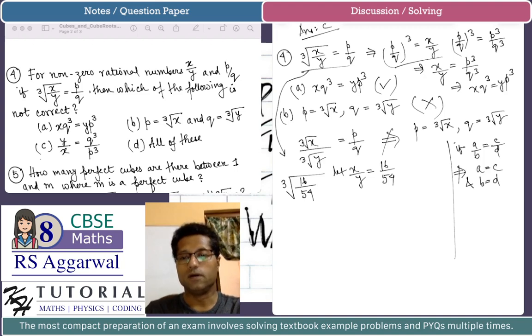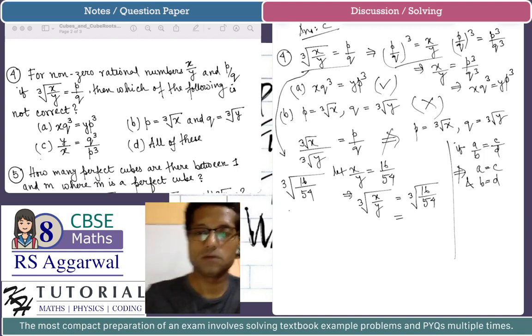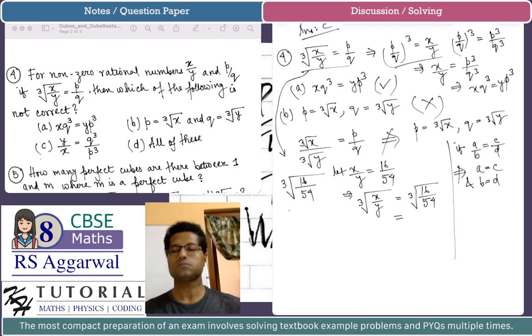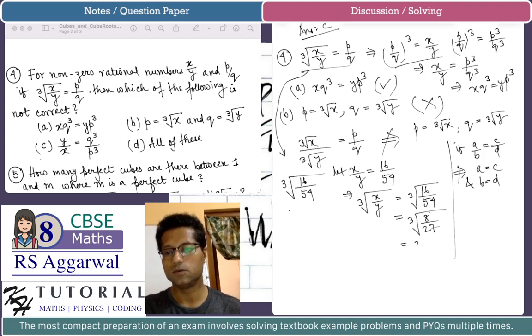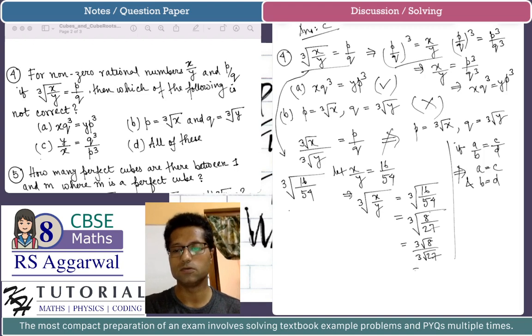Now the cube root of x by y is equal to the cube root of 16 by 54. If you do cancellation, we get 8 by 27, and this is equal to cube root of 8 divided by cube root of 27, which is equal to 2 by 3.